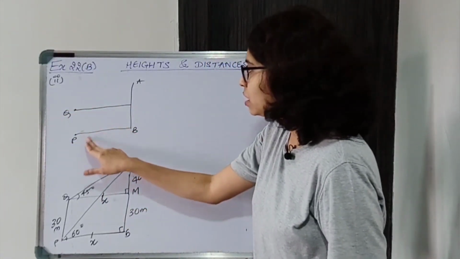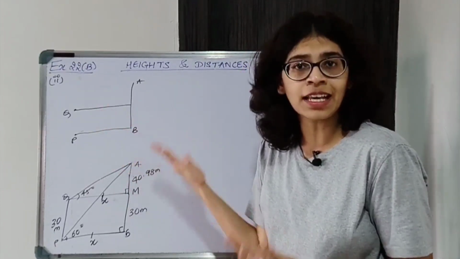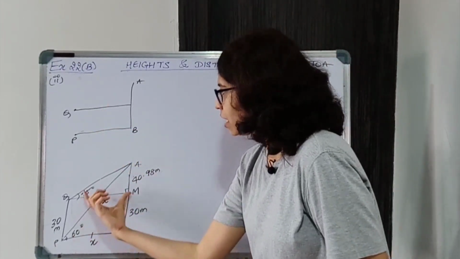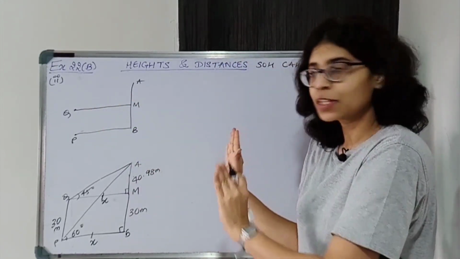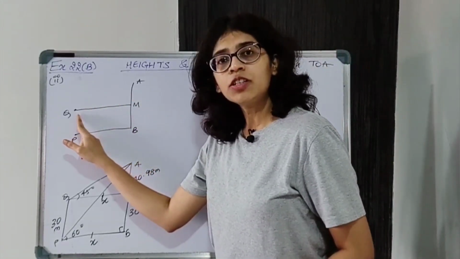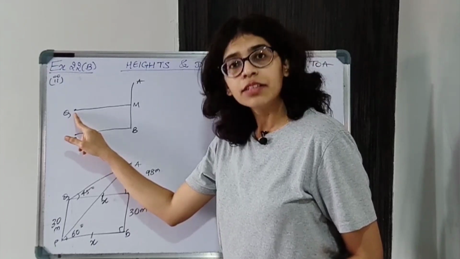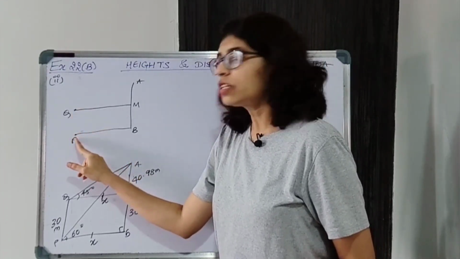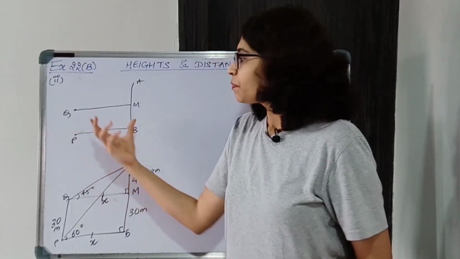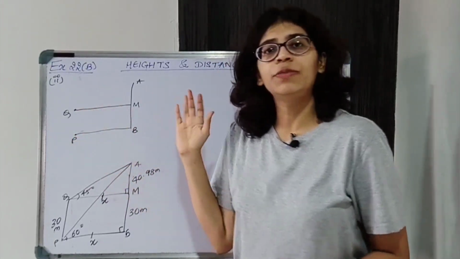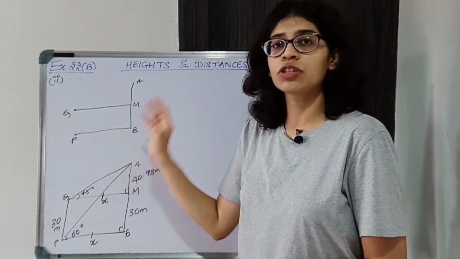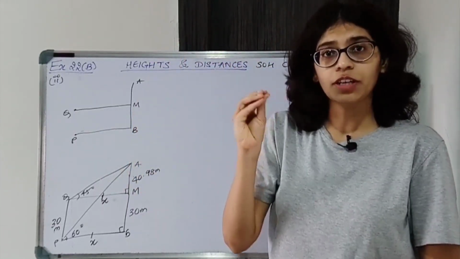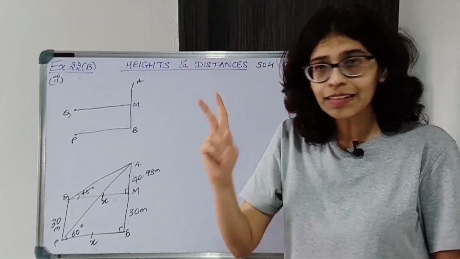So the horizontal distance from this point of observation, horizontal distance from this point of observation. Now these two distances are same. PB and QM, these two distances are same. So if you consider the horizontal distance from point Q or from point P, the distance is going to be same. You are told horizontal distance, so take that hint.